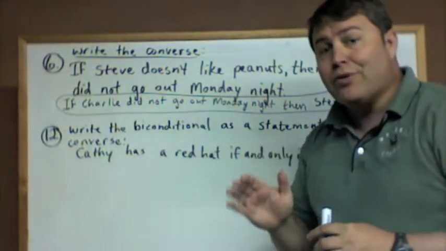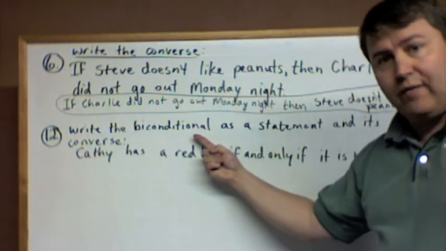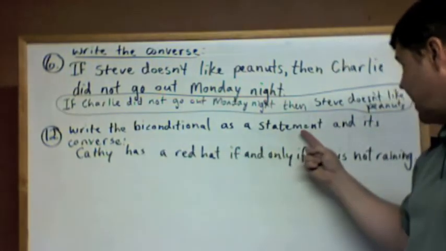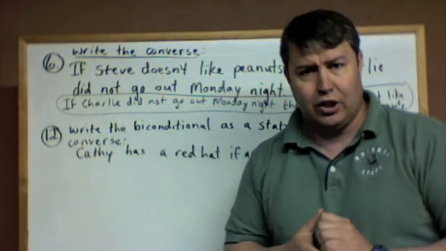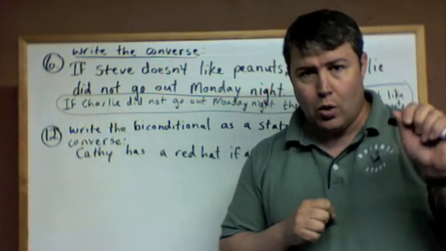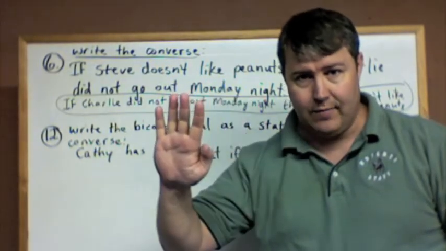So here's my converse statement. Now, in number 12, it says write the biconditional, which we haven't talked about yet, as a statement and its converse. A biconditional statement is one statement, if and only if, a second statement.